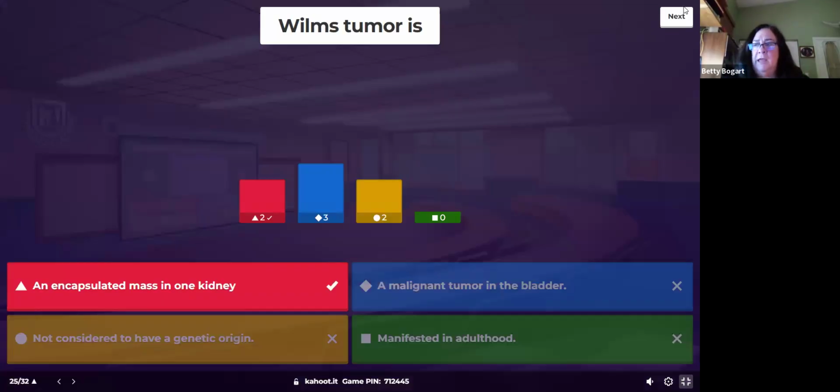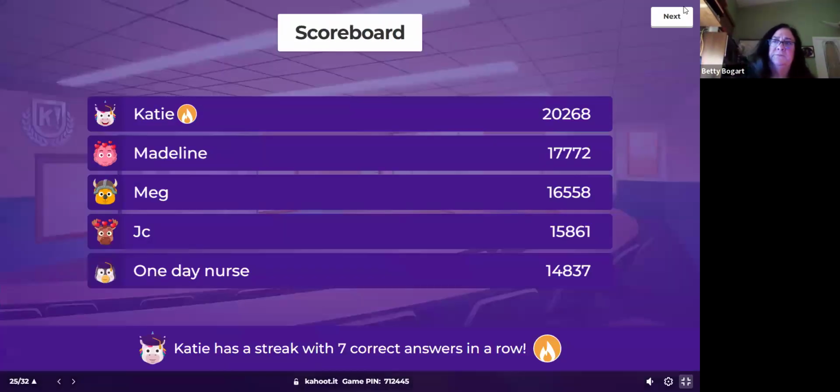A Wilms tumor is a tumor in the kidney, and the big nursing thing is that that encapsulated type of mass, if we touch it and palpate that abdomen, little microemboli could be released from that tumor, causing metastasis. So do not palpate the abdomen, leave it alone.